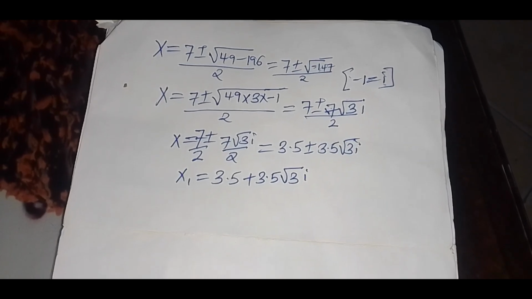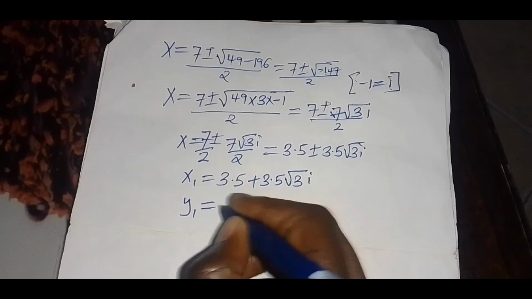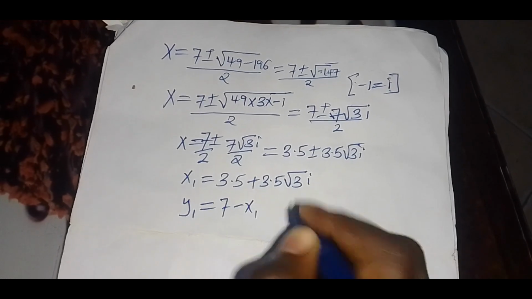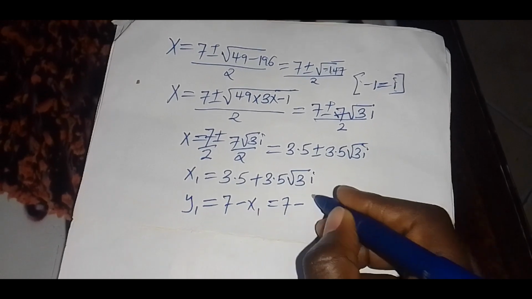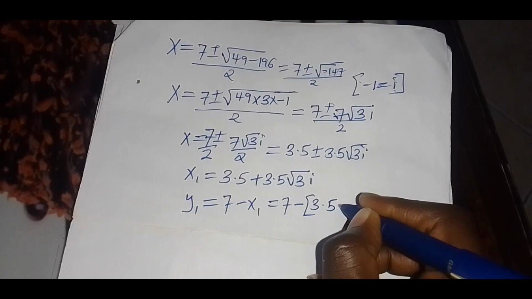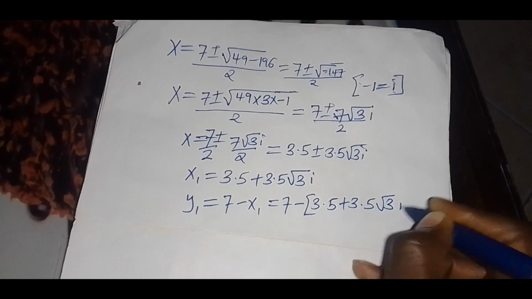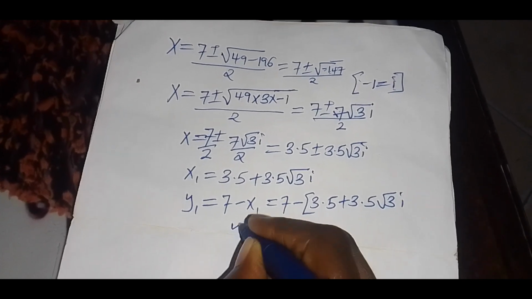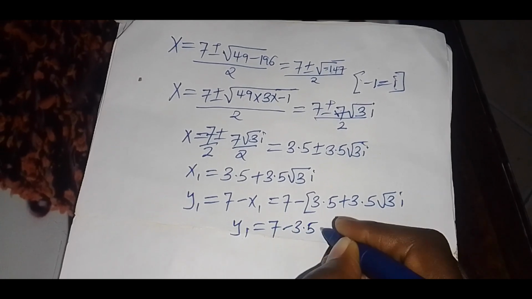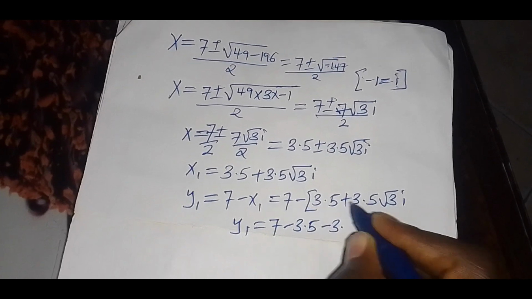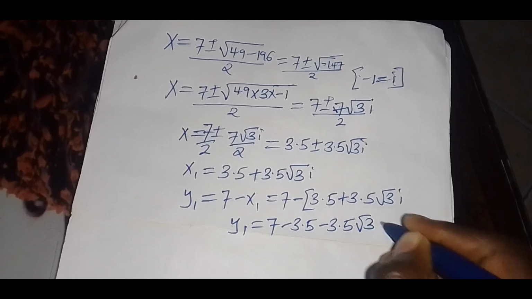So what is the corresponding y1? y1 can be expressed as 7 minus x1. So we substitute. x1 is 3.5 plus 3.5 square root of 3i. So y1 will be equal to 7 minus 3.5 minus 3.5 square root of 3i. Negative times positive is negative 3.5 square root of 3i.